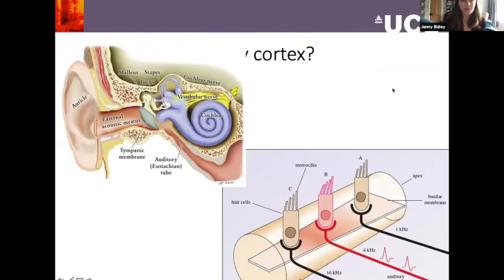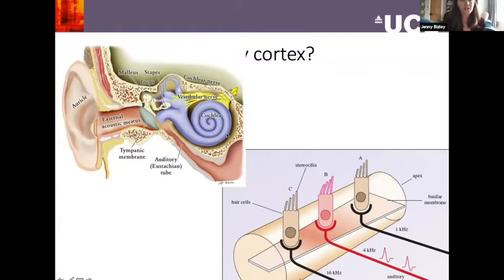I'm sure you know, but sound waves come in and hit your eardrum. Those vibrations are amplified by the malleus, the incus, and stapes, and then travel to the cochlea, which is responsible for translating the acoustic energy in a sound wave into neural activity that your brain can make sense of. A key feature of the cochlea is that it's mechanically tuned.